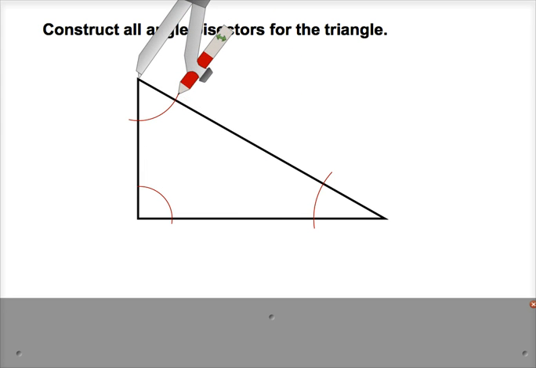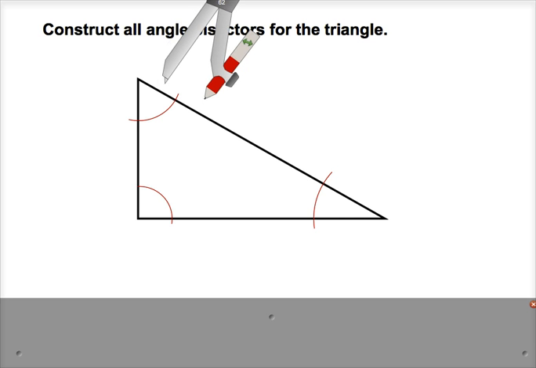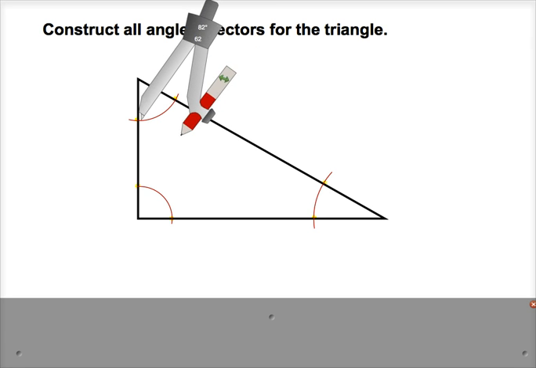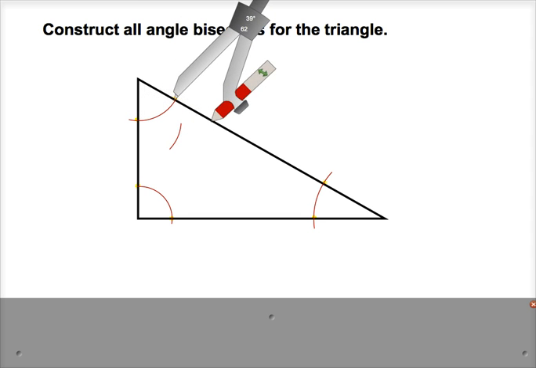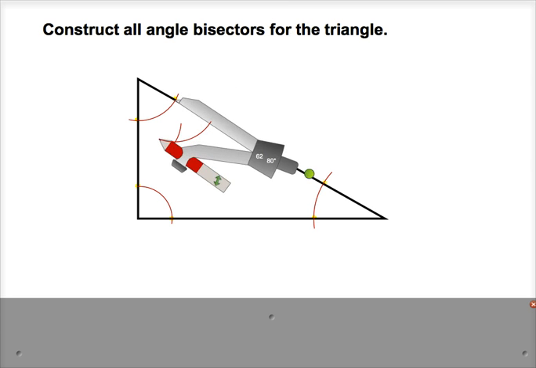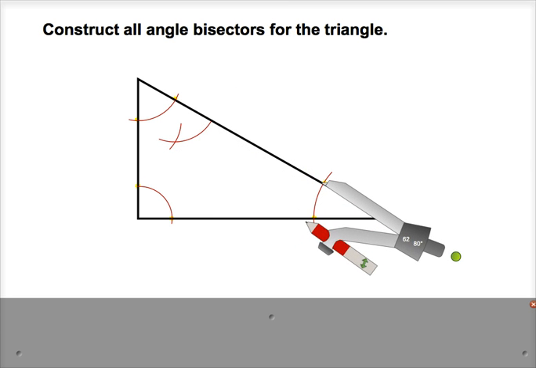Okay. The next step for doing an angle bisector is from each of the points where the arc you drew intersects the side of the angle, you need to swing an arc out in the middle of the angle as long as the arc is larger than halfway going across. So if I swing an arc out in the middle here, and from the other side, I'm going to also swing an arc out in the middle, and I'm just going to keep doing that all the way around.